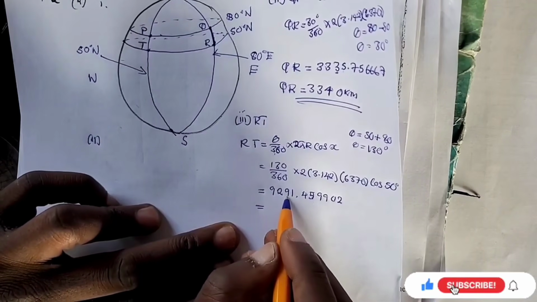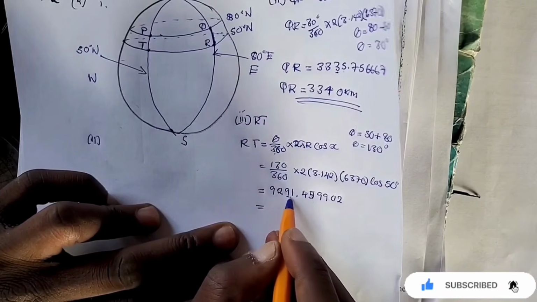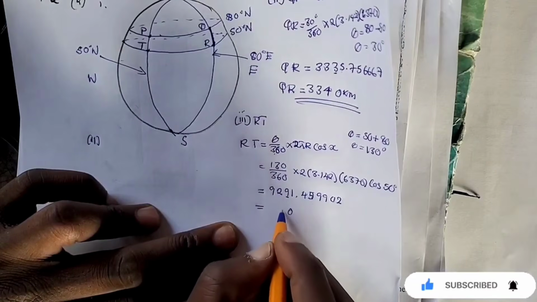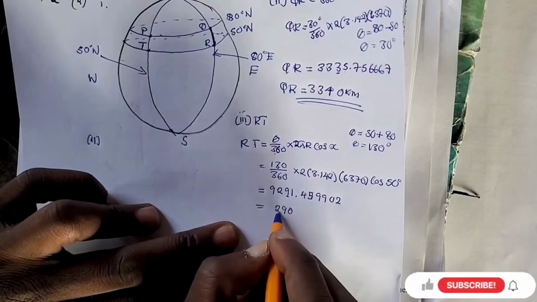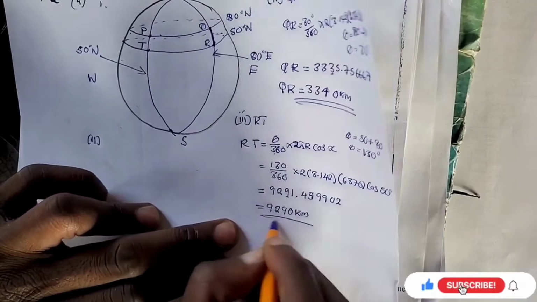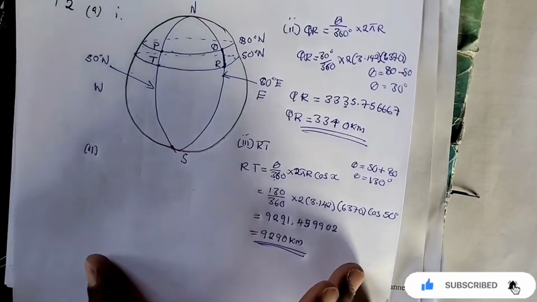Because we are not told the degree of accuracy. So this is 9, and the number after 9 is less than 5. So the 1 becomes 0. Then 9 remains as 9. Then this one, 2. Then 9 kilometers. This is the solution to this question.